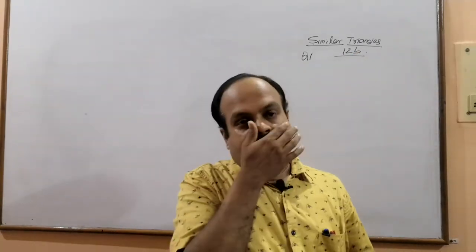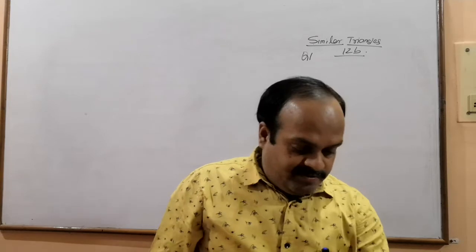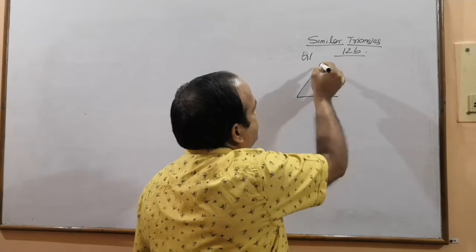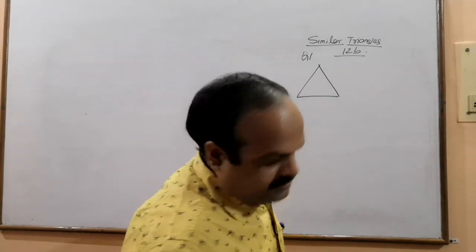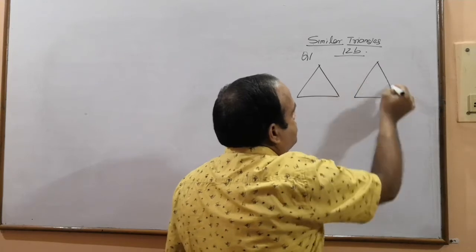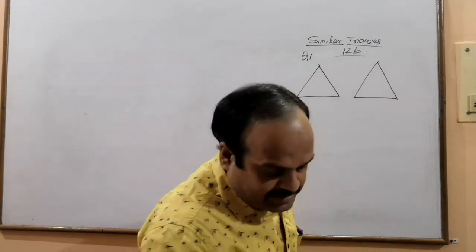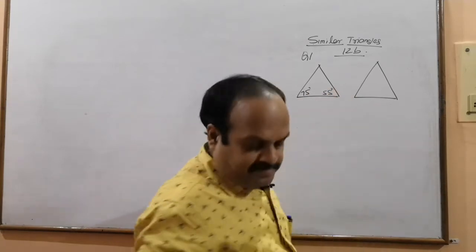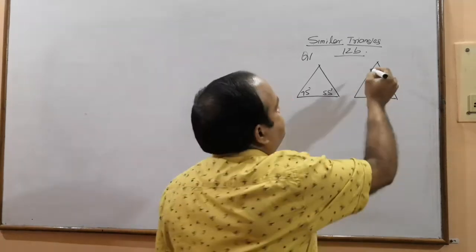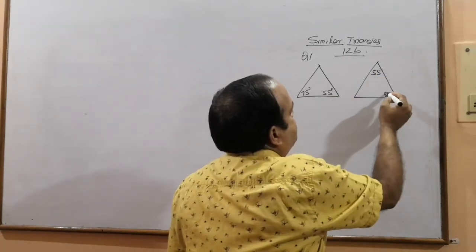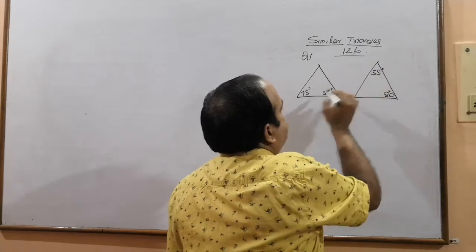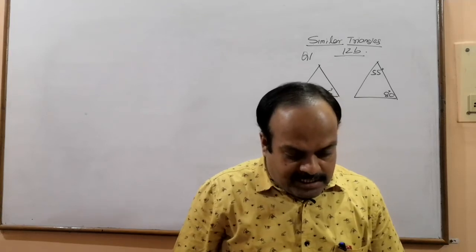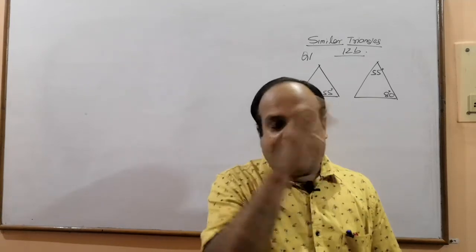We have a diagram. In the diagram we have 2 triangles. Let us draw. The angles of the triangles are 75, 55, 55, 80. The question is, in each question of the 3 triangles, we have in the diagram 3 triangles.